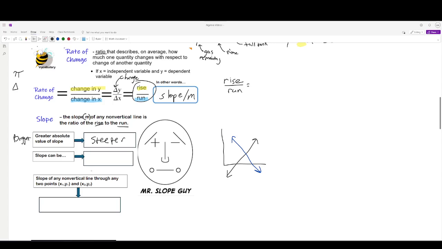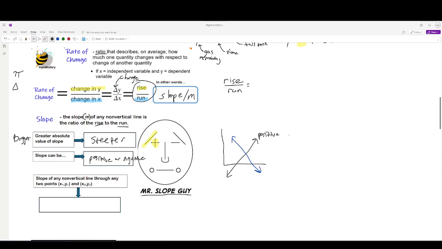So slope can be, as I just drew there, positive or negative. We have this guy called Mr. Slope Guy, who's a visual reminder that you can use to remember what positive or negative slopes are. On his left side, his left eye is a plus, and that line slants uphill. So this is a positive slope.